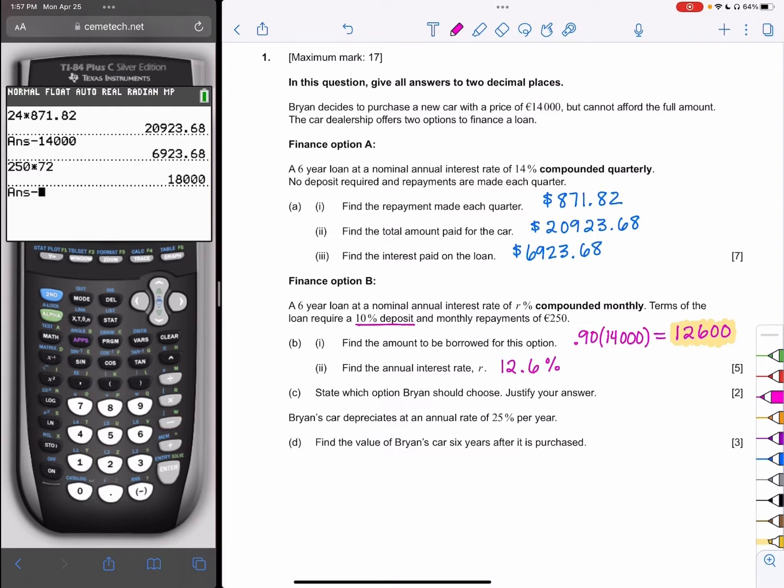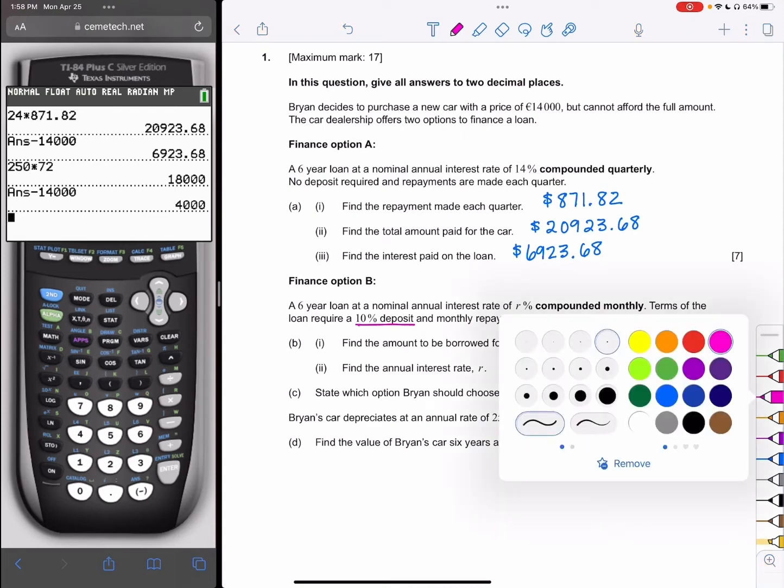And then remember, you have to subtract the 14,000 so that you can get your interest. So the option that you should choose here should be option B, because you only pay $4,000 in interest versus $6,923 in interest.